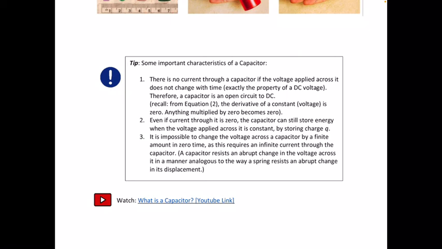So the capacitor resists abrupt change, and that's the second reason, which I previously mentioned, that capacitors and inductors are useful as regulators in a circuit board.